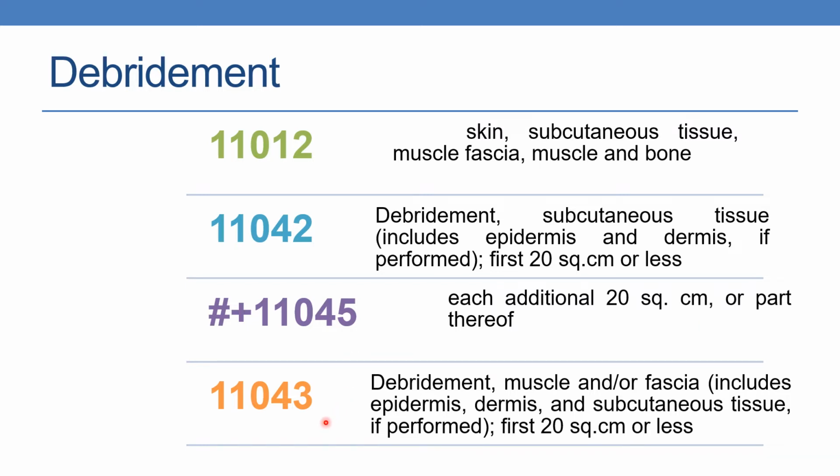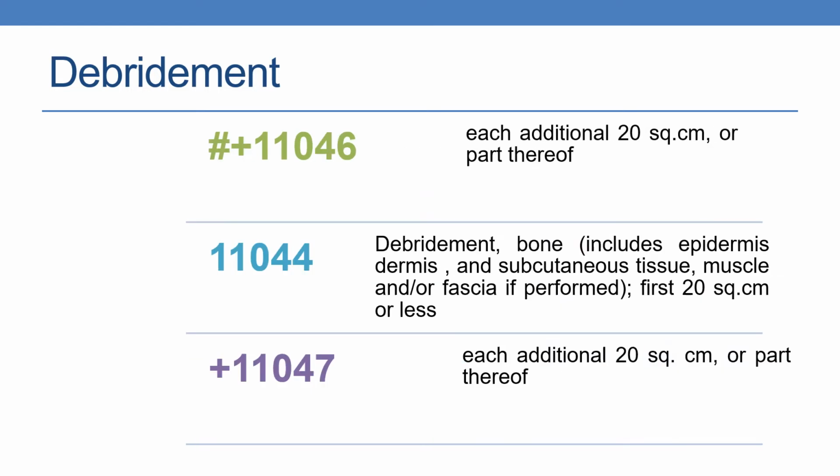The next code is 11043. Debridement muscle and or fascia including epidermis, dermis, subcutaneous tissue if performed, first 20 square centimeters or less. The next is an add-on code, plus 11046, which is debridement muscle and or fascia including epidermis, dermis and subcutaneous tissue, each additional 20 square centimeters or part thereof.